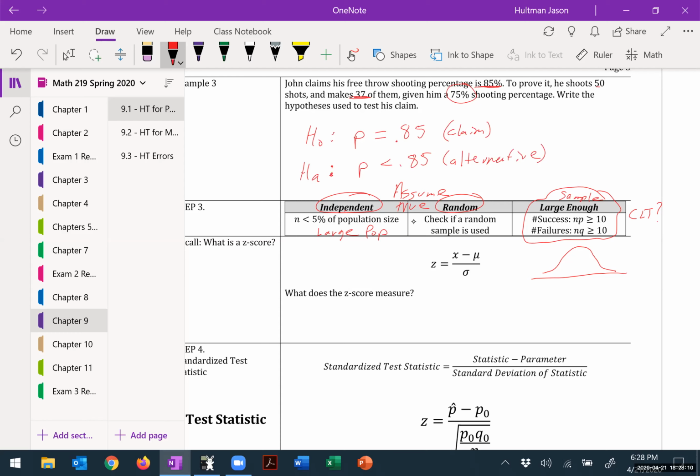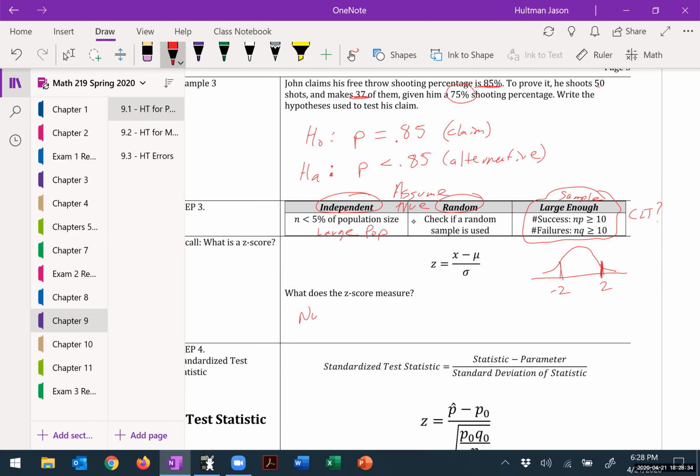Here we have a z-score. Recall, what is a z-score? What does the z-score measure? If I said that I had a z-score of say -2 and +2, what do those z-scores represent?